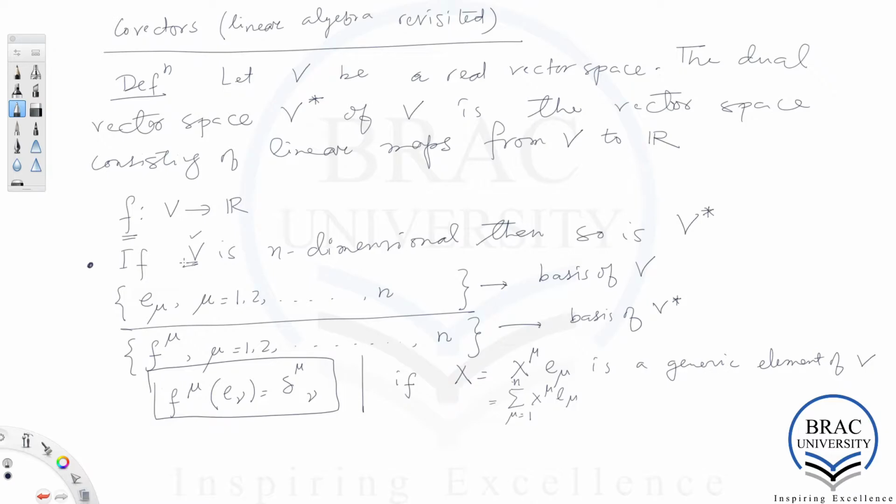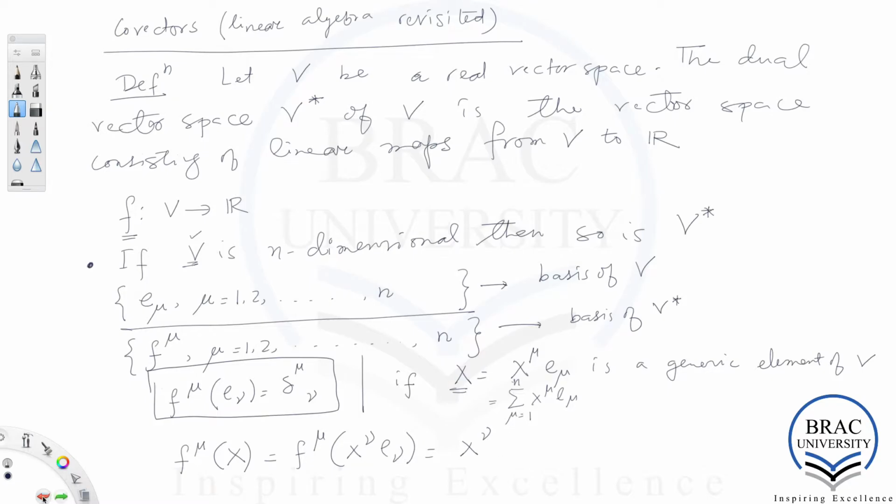Now if we take a basis element of V star and act it upon a generic vector from V, we expand x as a linear combination of the basis vectors. So we have f mu acting on x mu e mu, and x mu can be taken out, just a pure function, and the action of f mu onto e mu is given by delta.